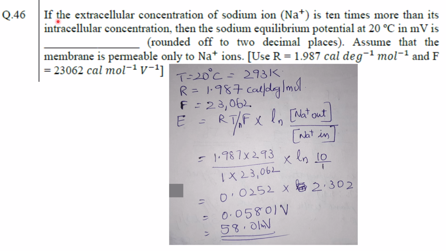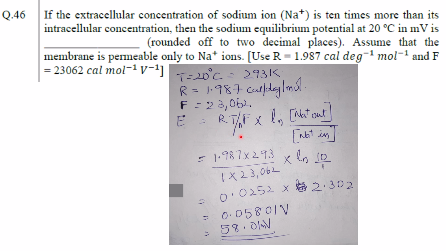Then next one. If the extracellular concentration of sodium ions is 10 times more than its intracellular concentration, then the sodium equilibrium potential at 20 degrees Celsius in millivolts is? Assume that the membrane is permeable only to Na plus ions. Okay, so you have to use this equation.